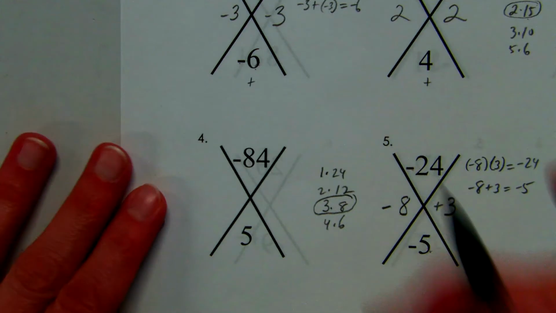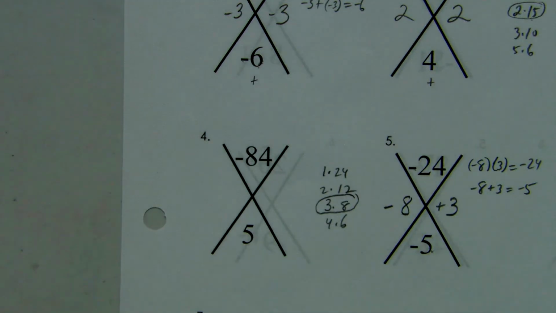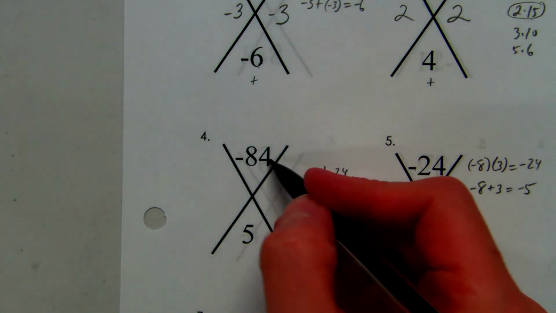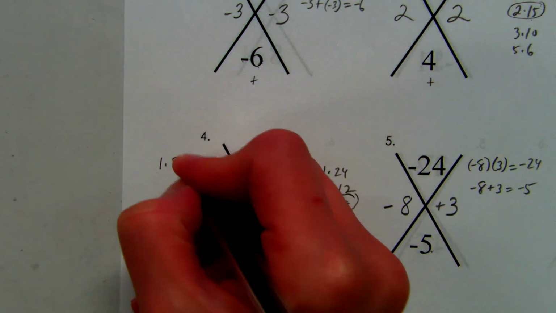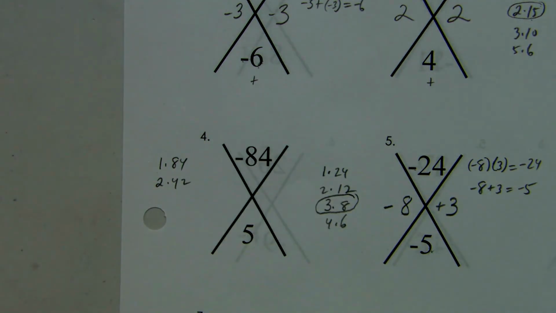Now I don't know why, but this one seems to stump a lot of people, the negative 84. So this is where I might sit and work with a calculator. To get 84, you know you've got 1 and 84. You could do 2 and 42. 84 does divide by 3.